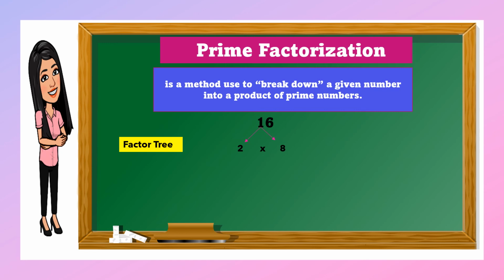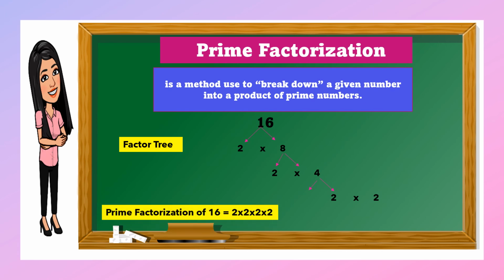Since 2 is a prime number, we will now get the factors of 8. So we have 2 times 4. Again, 2 is a prime number, so we will get the factors of 4 until it will become a prime number. Okay, so 2 times 2.